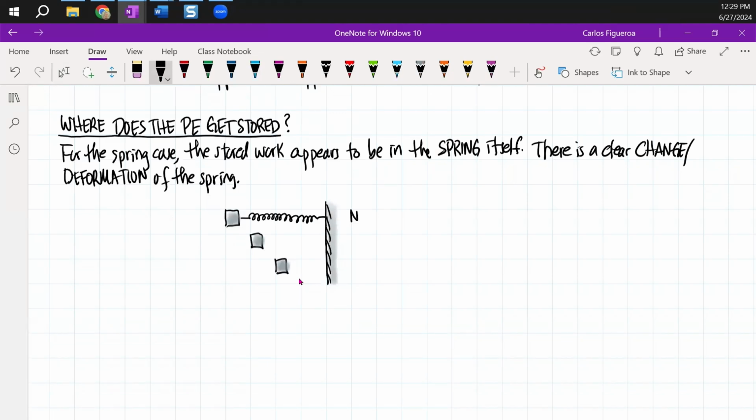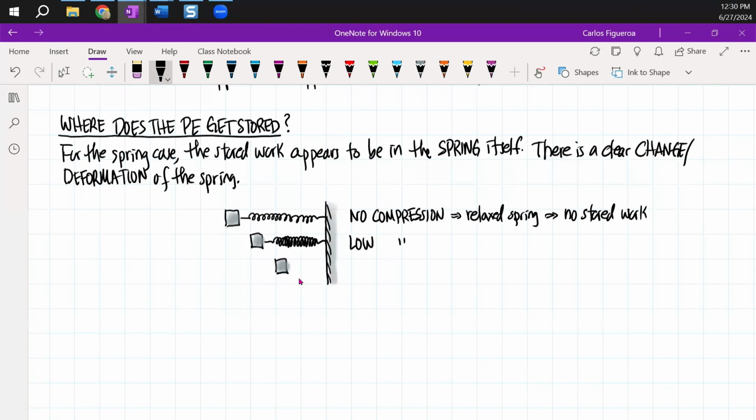If I have no compression, that implies I have a relaxed spring, and therefore no stored work. But now if I start to compress it, you can see that the spring is now compressed. So what do we say? We say this is low compression.